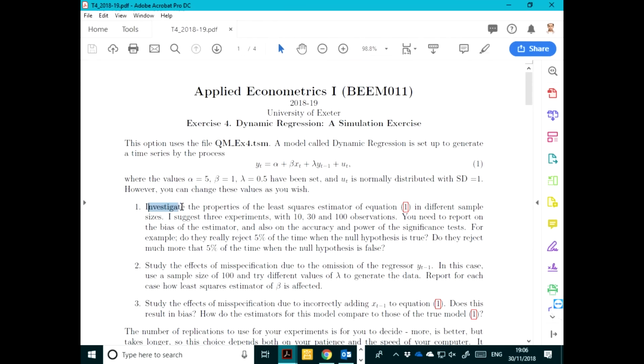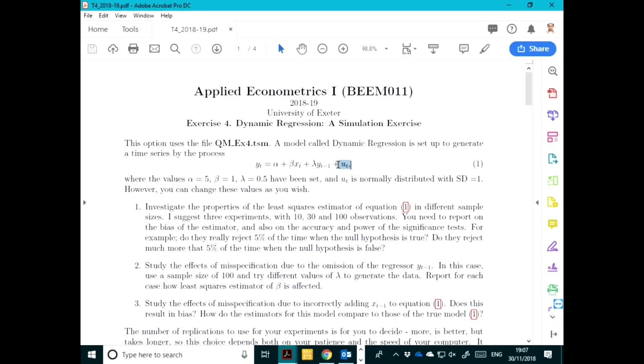So here you are being asked to investigate the properties of the least squares estimator in different sample sizes. So you're going to be generating the error terms, and obviously here you can see that alpha is equal to 5. So this is the intercept. This is equal to 1, and this is equal to 0.05.